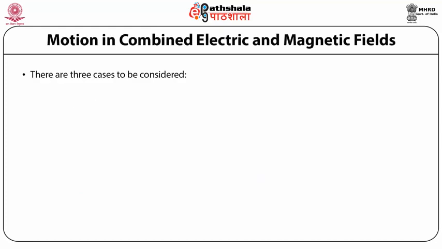There are three cases to be considered. Compare the electric field divided by c, remember E by c has the same dimension as B, as less than, greater than or equal to the magnetic field.